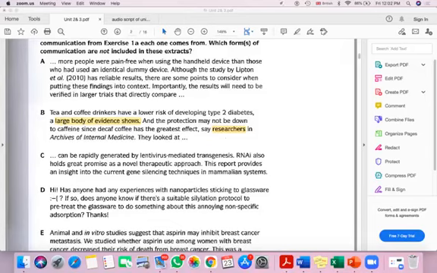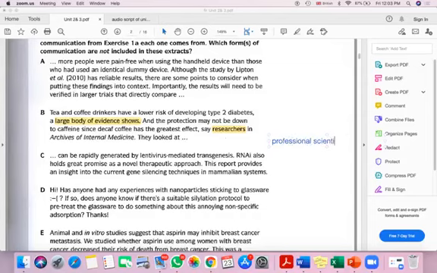This report provides an insight into the current gene silencing technique in mammalian system. So as you can see from the language of this part, there are a lot of scientific expressions, right? And scientific language that is aimed for professionals.